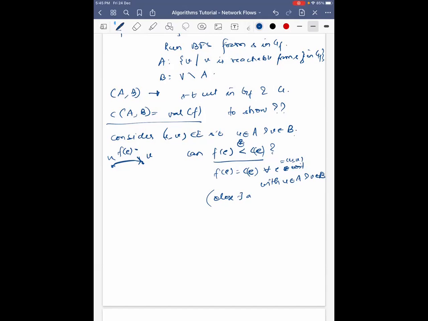Because when your Ford Fulkerson terminates, the termination is going to happen only when there is no longer any ST path in the residual network, right? So as long as there is an ST path, I would be able to find an ST augmenting path in the residual network, no?